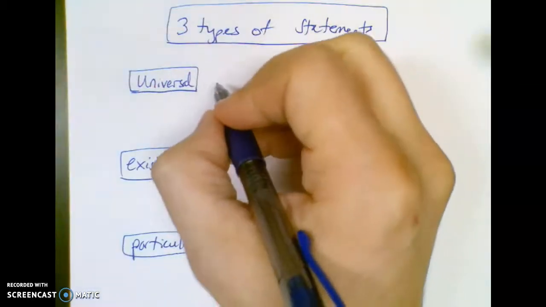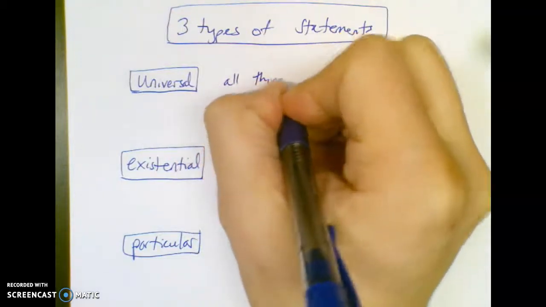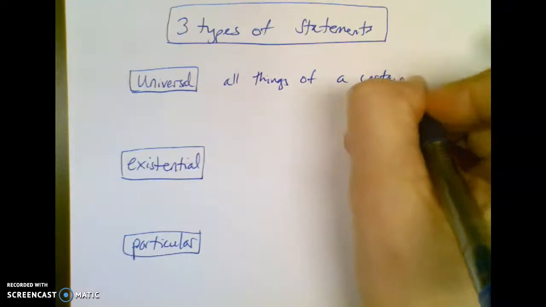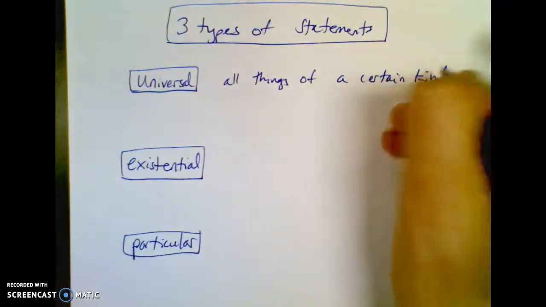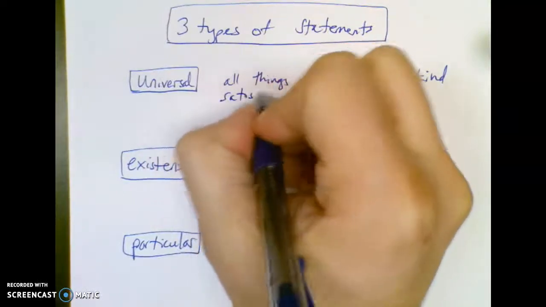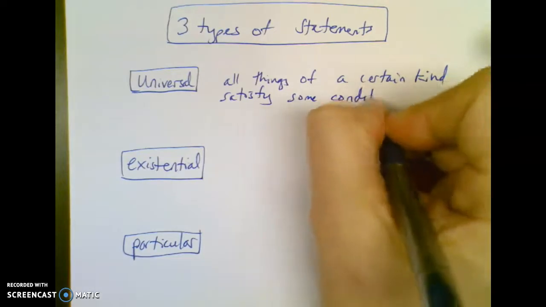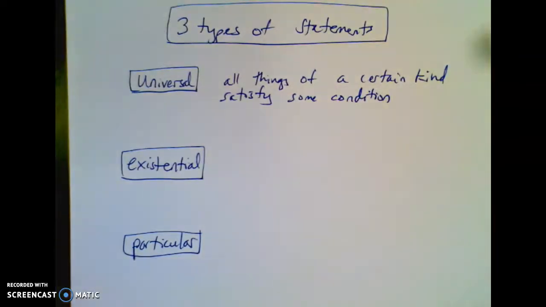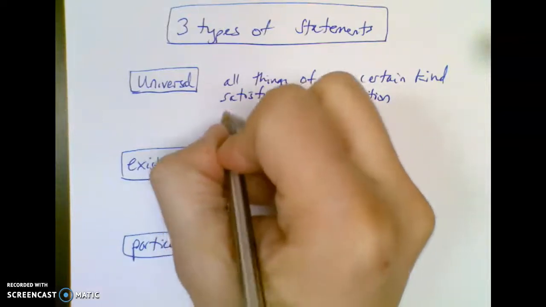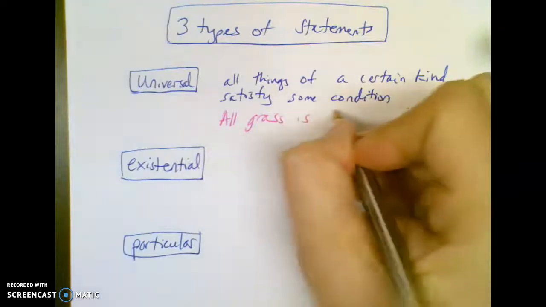So a universal statement is a statement where all things of a certain kind satisfy some condition. Or, to put an example in, you could say something like all grass is green.